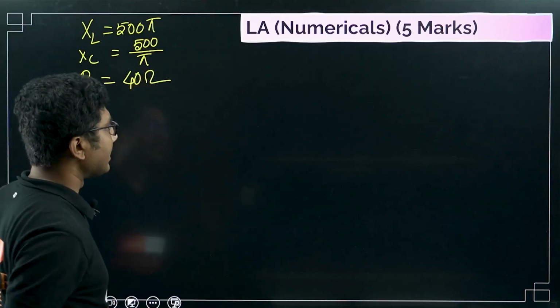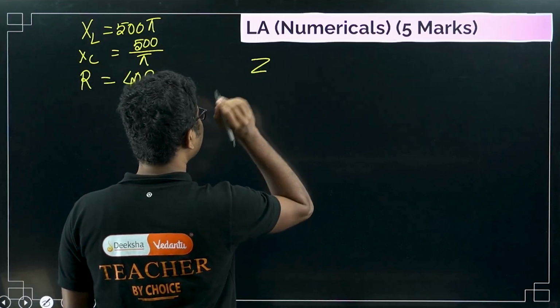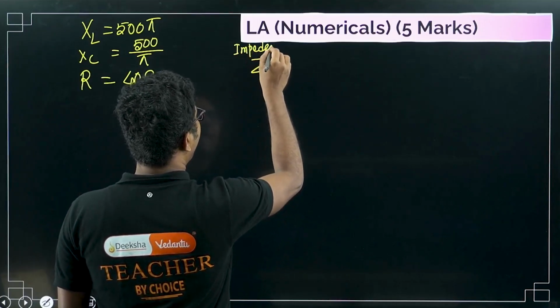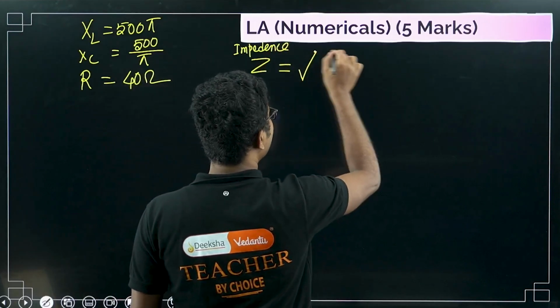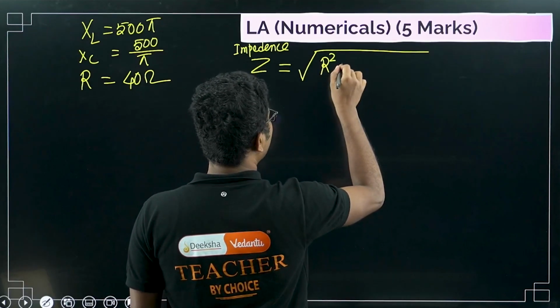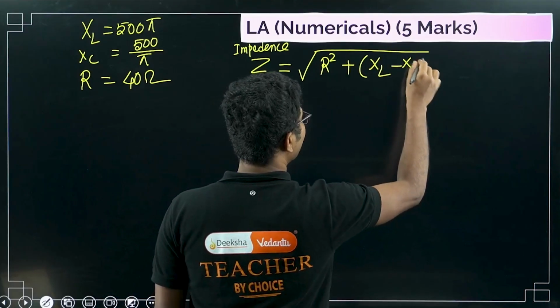Now what is the impedance? Formula for impedance is given by Z, where Z is impedance, and this is given by square root of, very important, R square plus XL minus XC whole square.